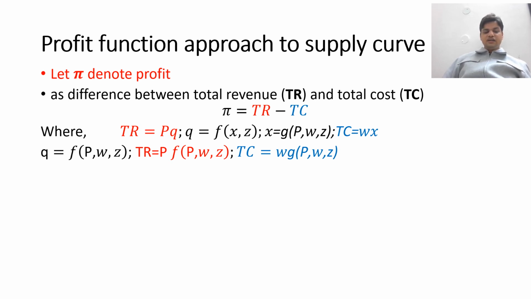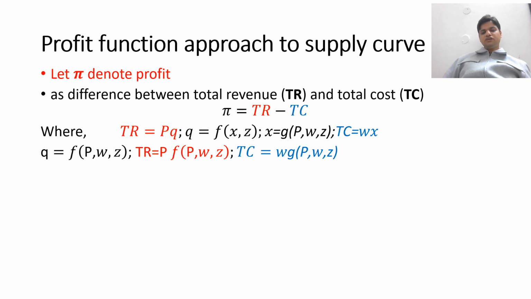So Q is again defined in terms of arguments of X. So now Q is a function of P, W and Z.